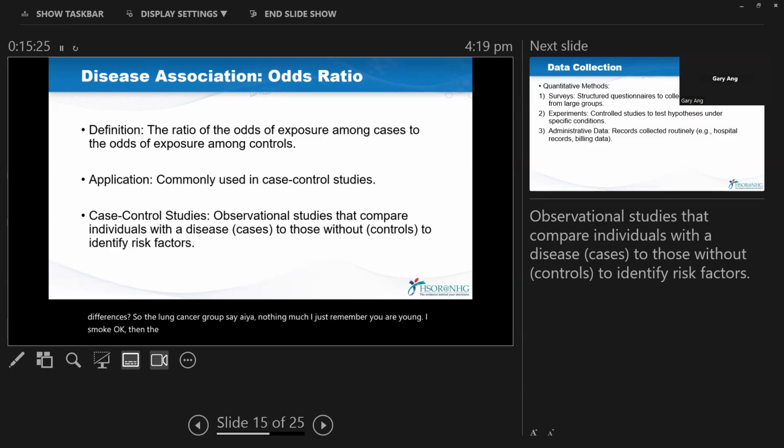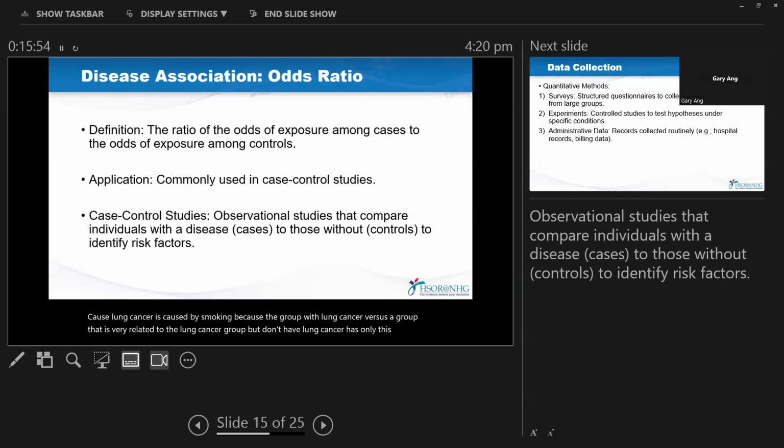The other group with no lung cancer says, nothing much, oh, I did try one cigarette, then I stopped, I didn't like it. Then you find that one group smoked for 10 years, and the other group only tried one cigarette. Then you speculate that it could be because lung cancer is caused by smoking, because the group with lung cancer versus a closely matched group without lung cancer has only this difference.